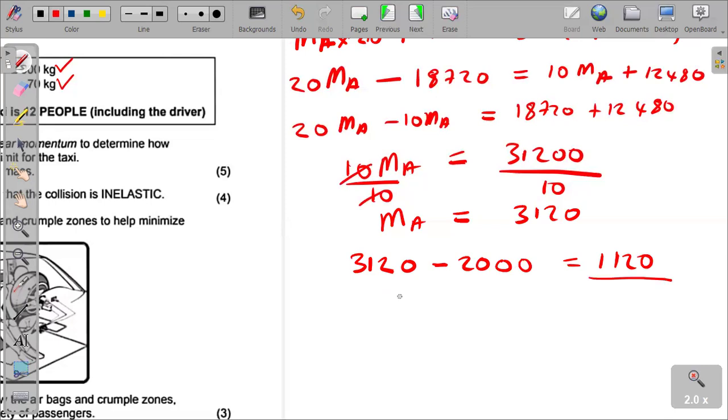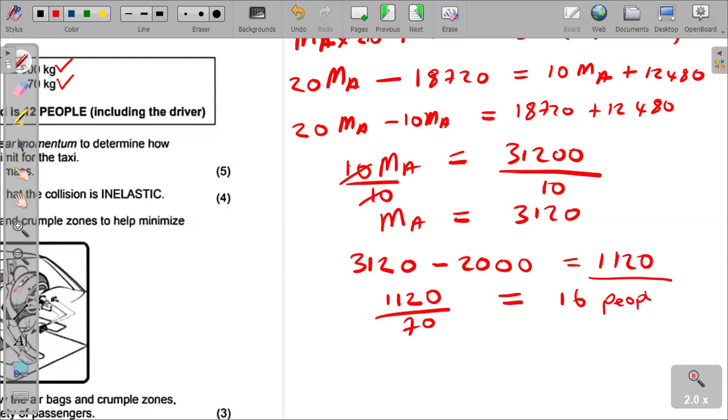We now say the average mass of each person is 70 kgs, remember. So we simply say 1,120 divided by 70. Why? To ascertain how many people were in the taxi. So we will get 16. So it means we have 16 people, right?